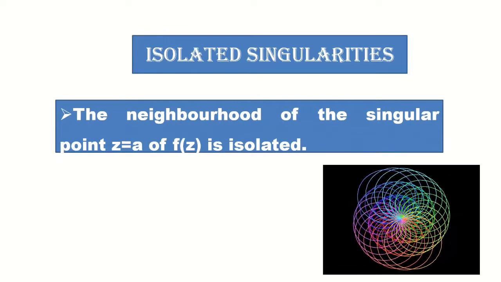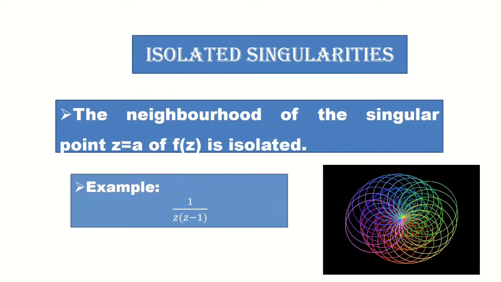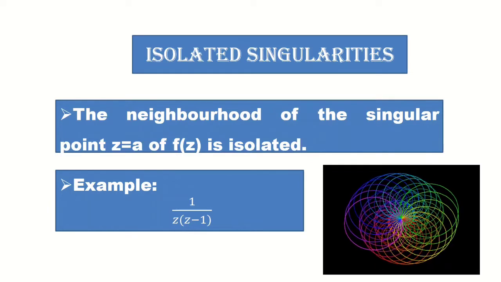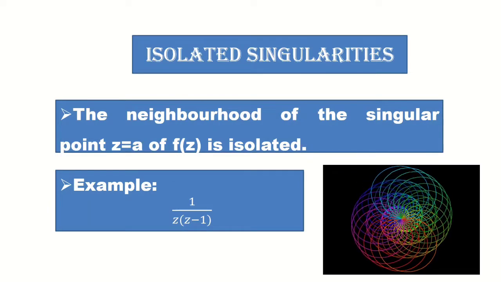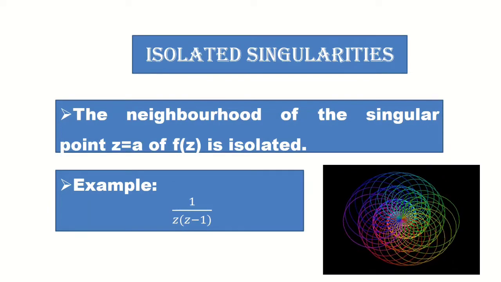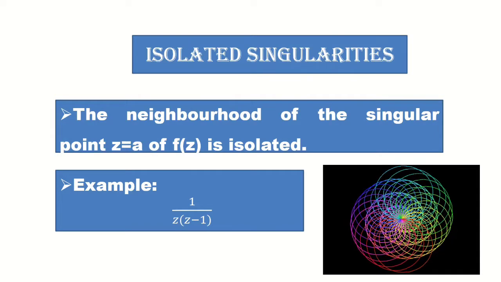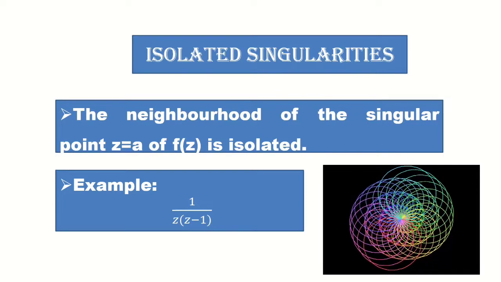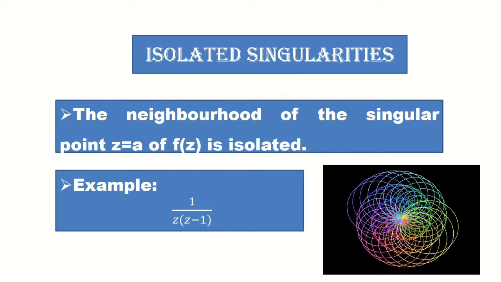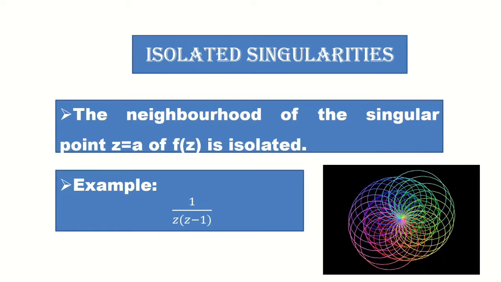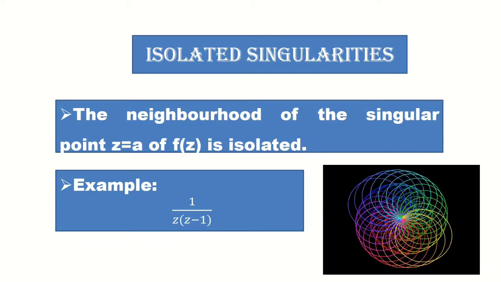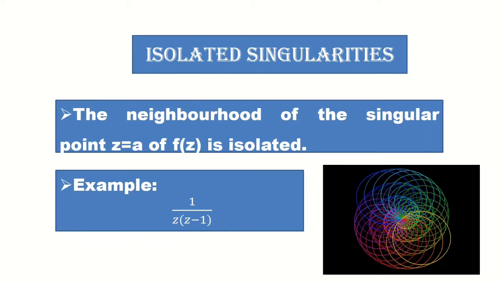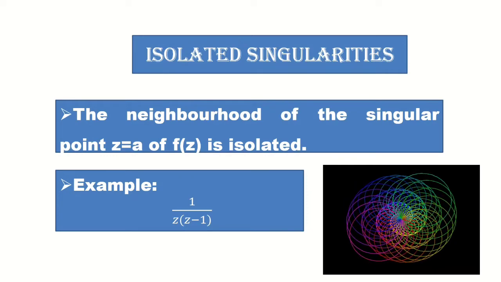If z = a is a singular point of a function f(z), and if there exists a neighborhood of z = a containing no other singular point of f(z), then z = a is said to be an isolated singular point of the function f(z). As an example, consider the function 1/(z(z-1)). Here, 0 and 1 are the isolated singularities.